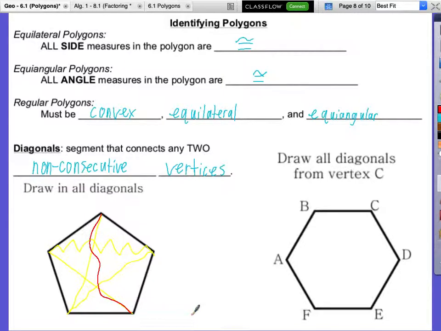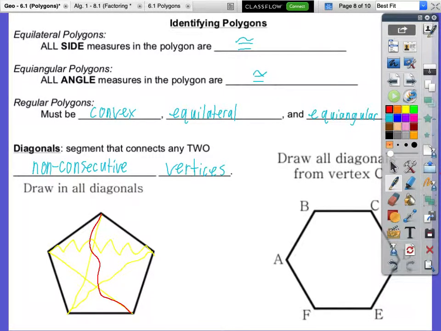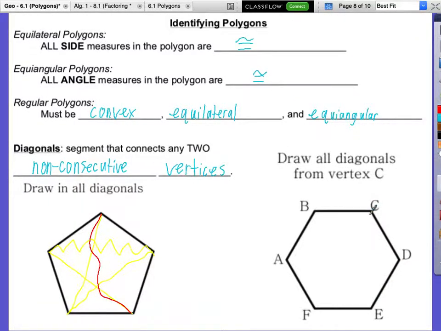Aubrey, do you want to come do the diagonals from vertex C? Wait, before that, he has a question. What the heck? Are you crippled like your color choice? Gray's my favorite color.